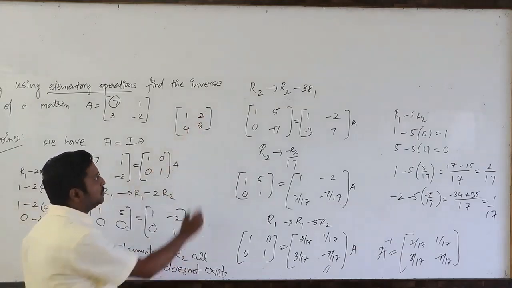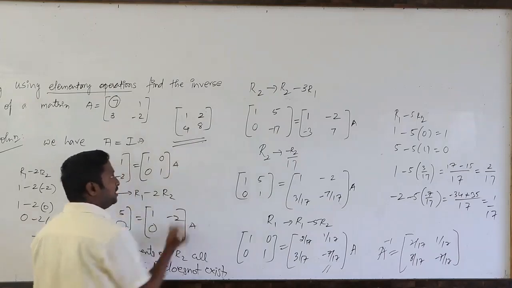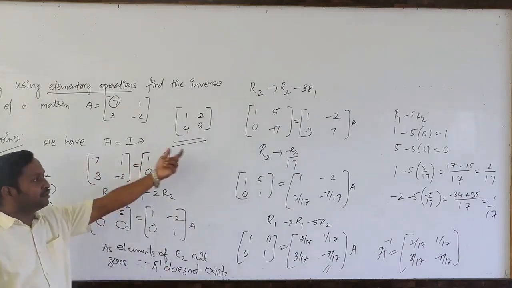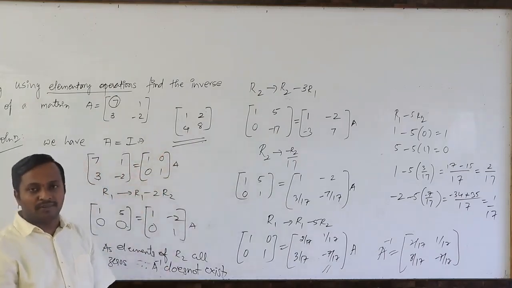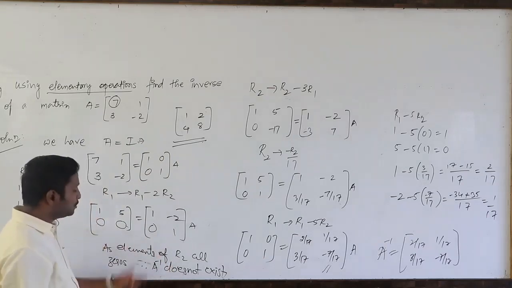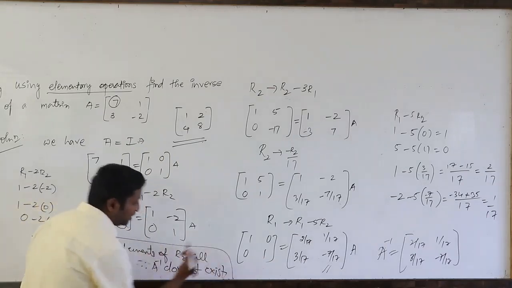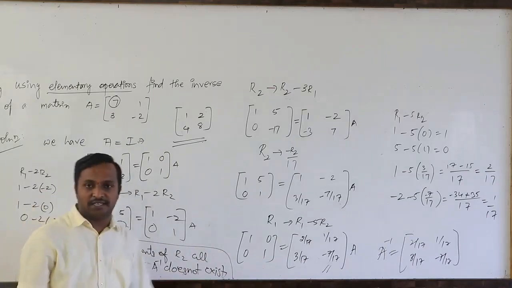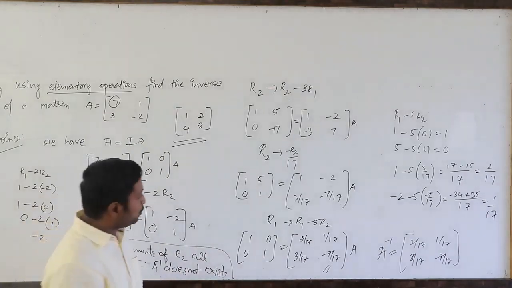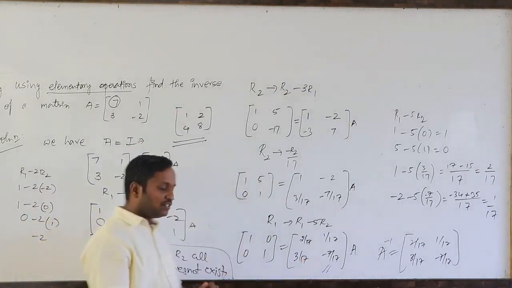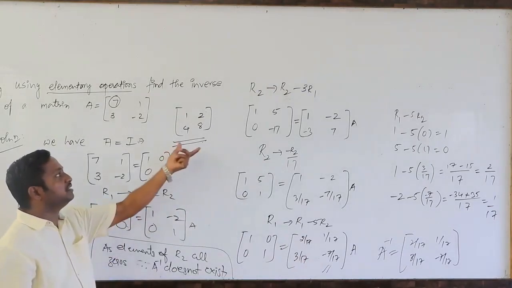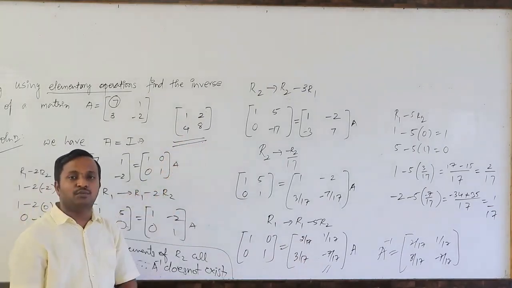If you practice, take this example and find the inverse, you will get one complete row as zeros. Then stop there and write like this. Cannot proceed like that. You don't want to continue there. Just stop there only. If you are practicing this question, you will get a clear idea.